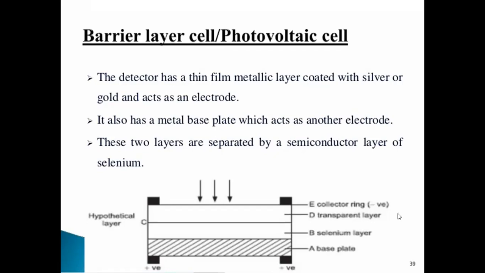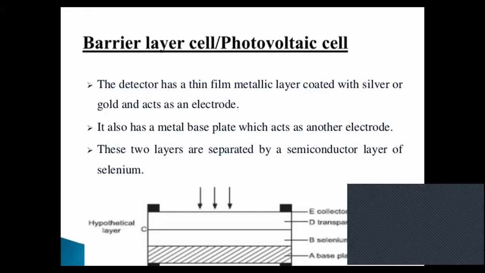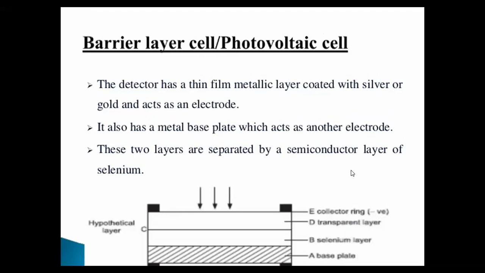Layers, one is the base plate. In the construction of the photovoltaic cell, a thin film of metallic layer is coated with silver or gold.